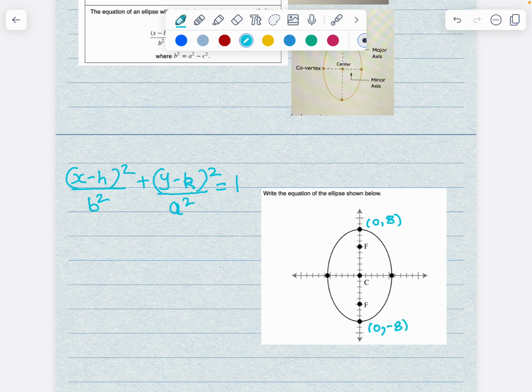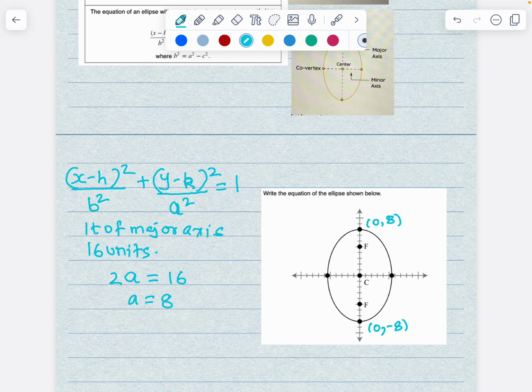So the distance between those two points, which is the length of the major axis, is 16 units. Your 2a is 16 and so a is 8, which makes sense. We have (0, 8) and (0, minus 8).